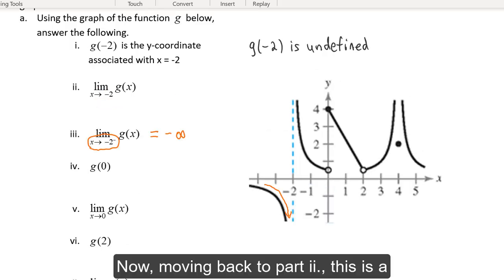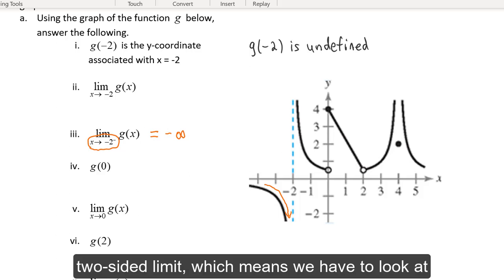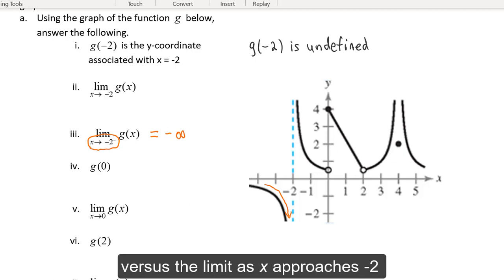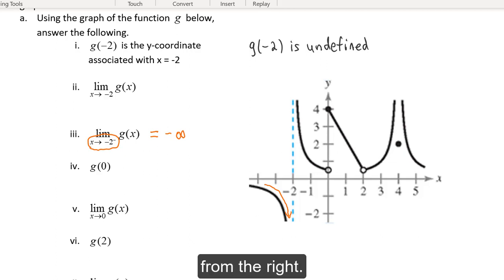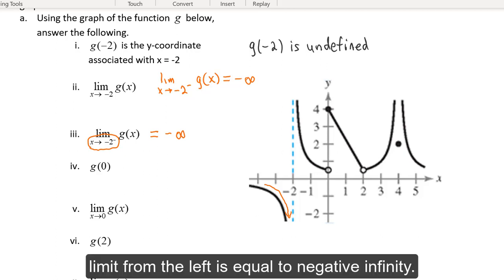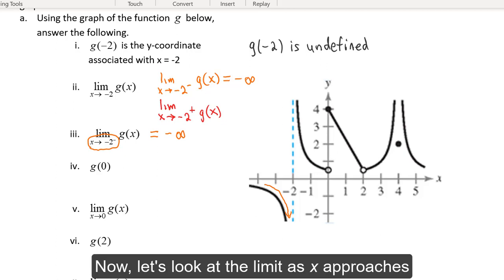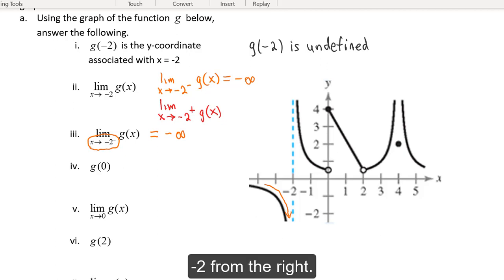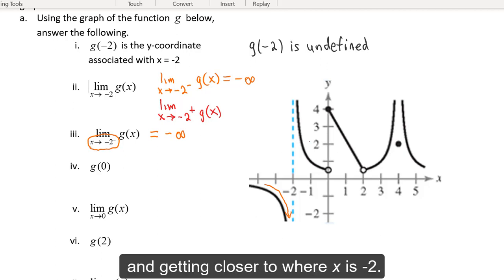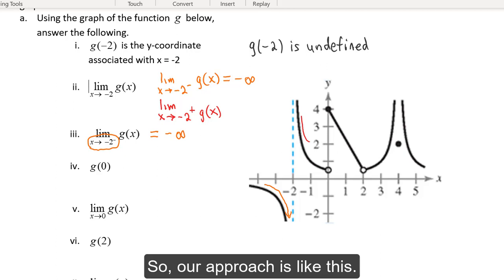Now moving back to part 2, this is a two-sided limit, which means we have to look at the limit as x approaches negative 2 from the left, versus the limit as x approaches negative 2 from the right. We just got done saying in part 3 that the limit from the left is equal to negative infinity. Now let's look at the limit as x approaches negative 2 from the right. So we are just to the right of negative 2 and getting closer to where x is negative 2, so our approach is like this.